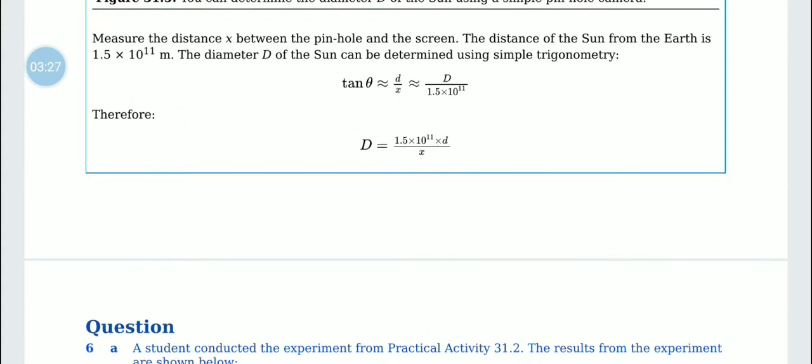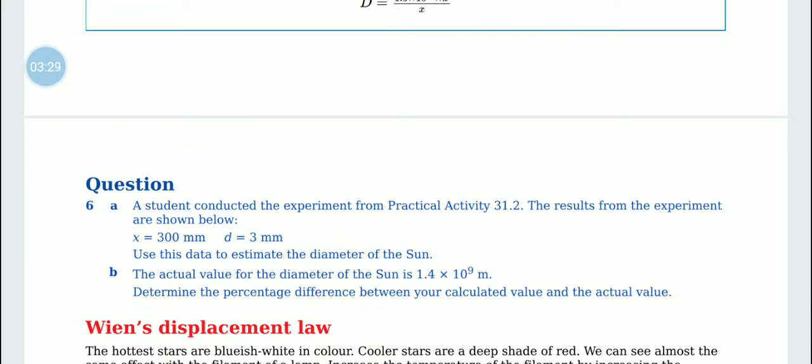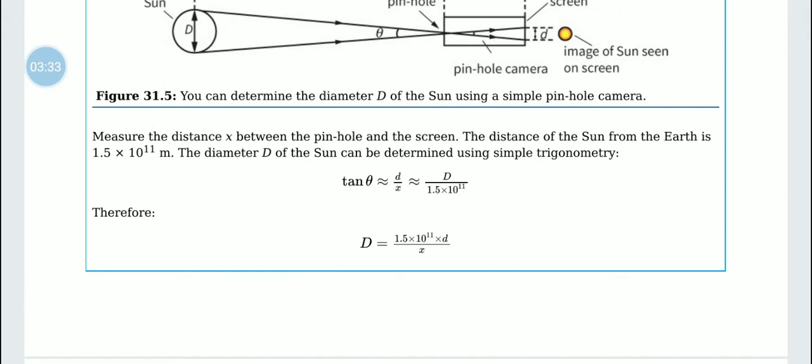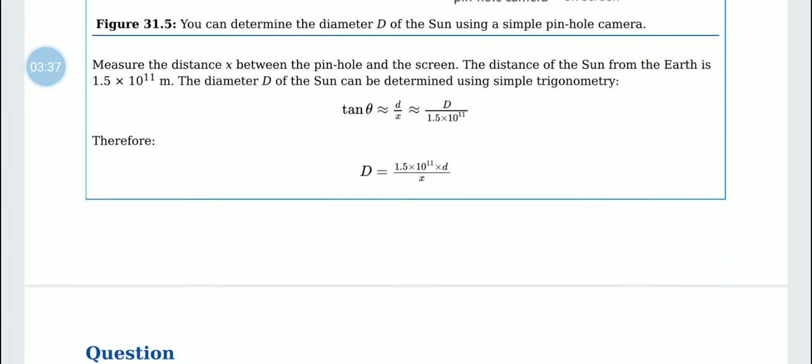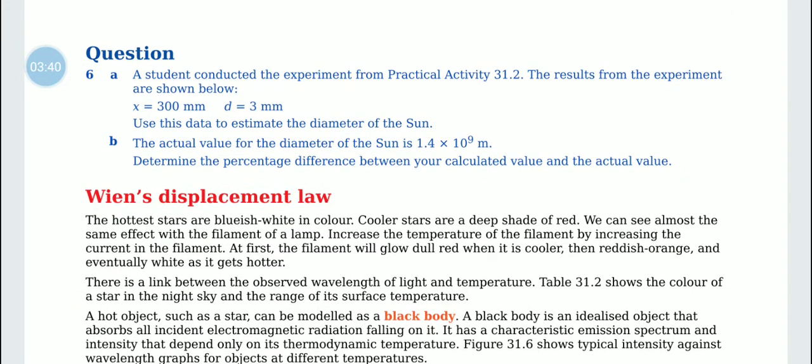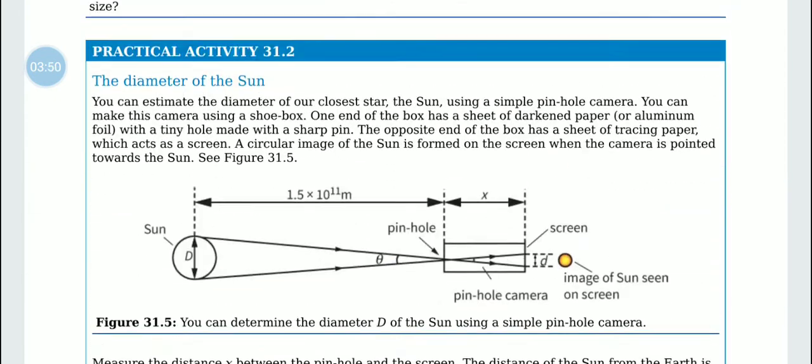So if you calculate that, you can figure out the diameter. This is not something that you should be able to do from scratch, but rather explain how it is done, and then do the calculations based on the values that have been given. You will have to do question number 6 before you move on to the others. Write down a note.